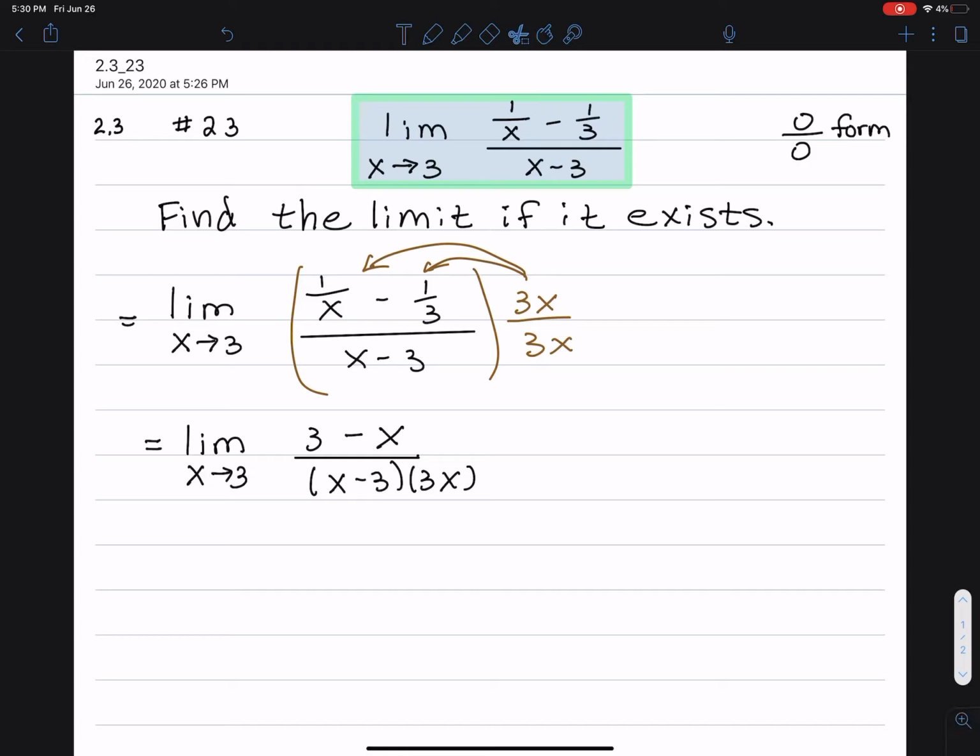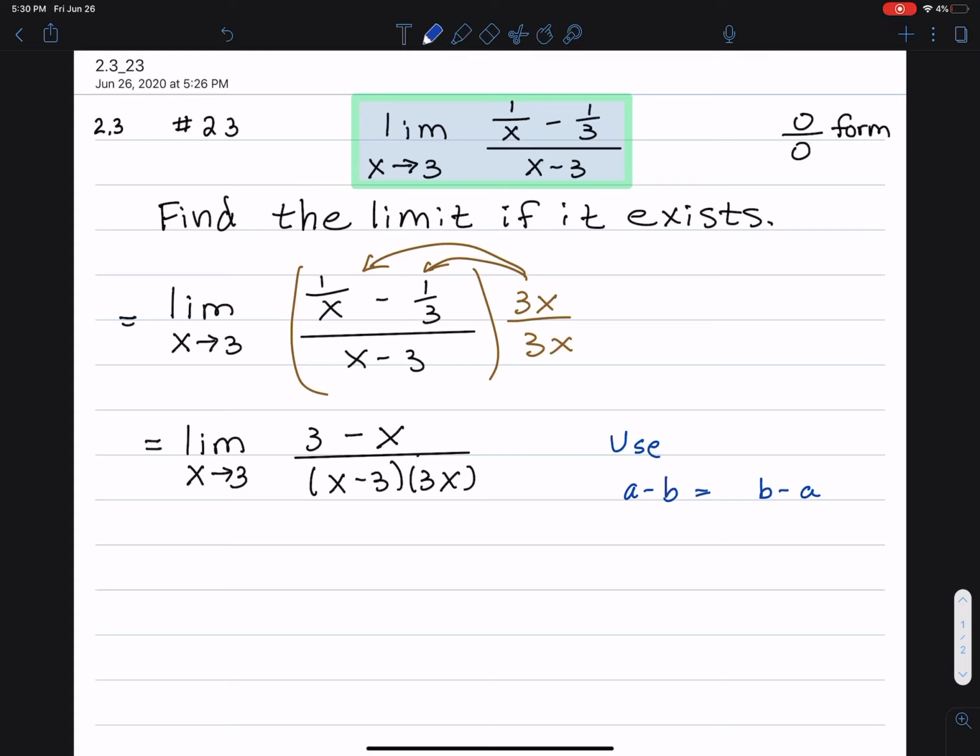Okay, let me just fix that a little bit. Now, here you have 3 minus x and x minus 3. There's a little bit of a trick here, a technique, which is that a minus b and b minus a are related.